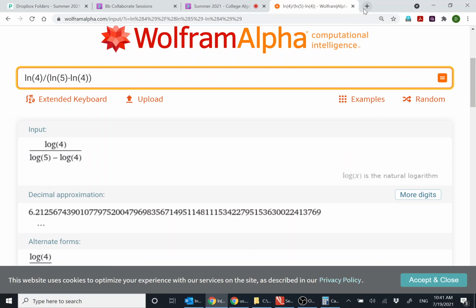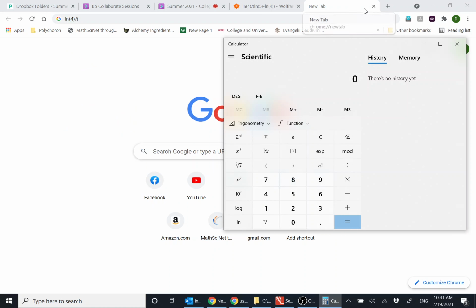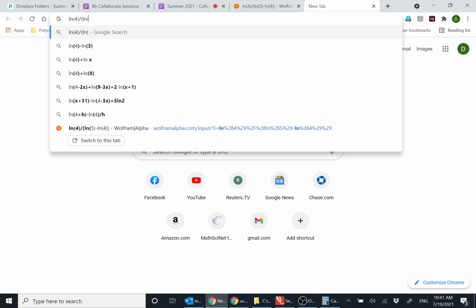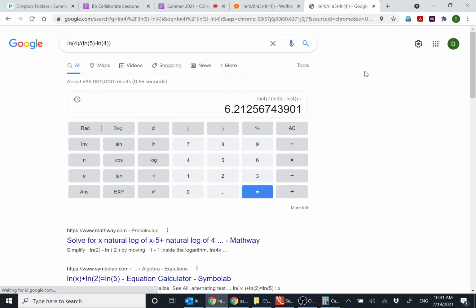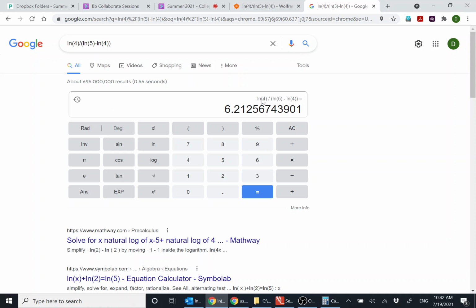So you can do it here, ln 4 divided by ln 5 minus ln 4. I don't like using Google too much for these things because it gives you an inline expression. Wolfram Alpha gives you something much nicer looking. But here, it read the input as ln 4 divided by ln 5 minus ln 4, 6.212567.